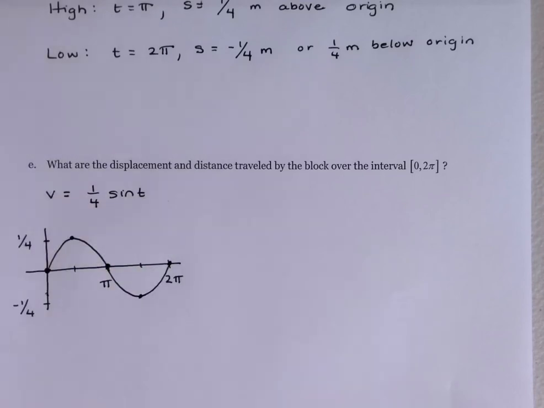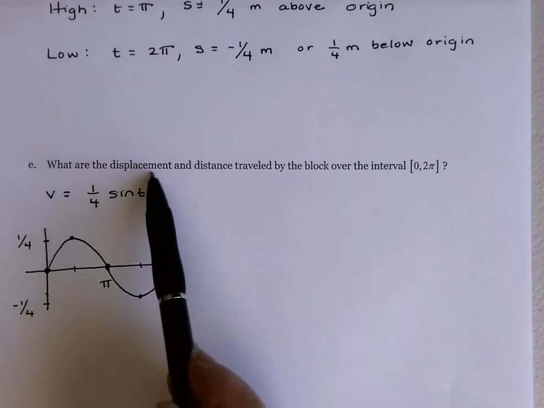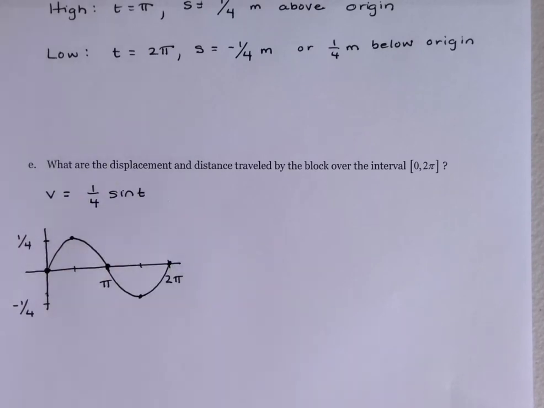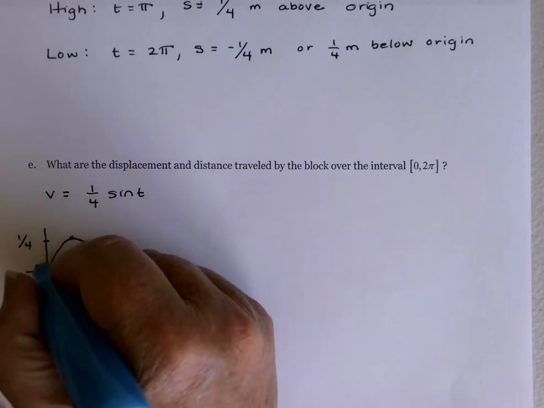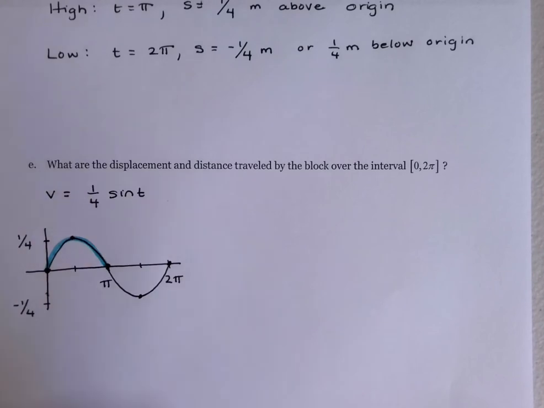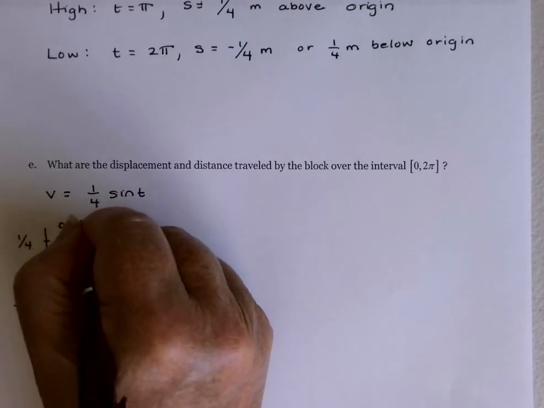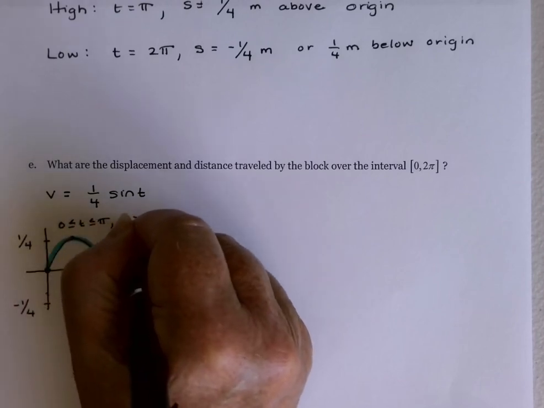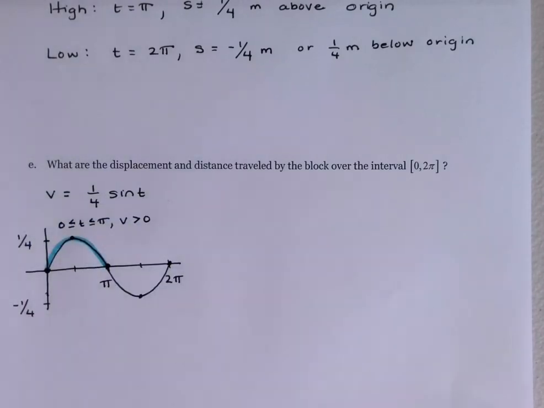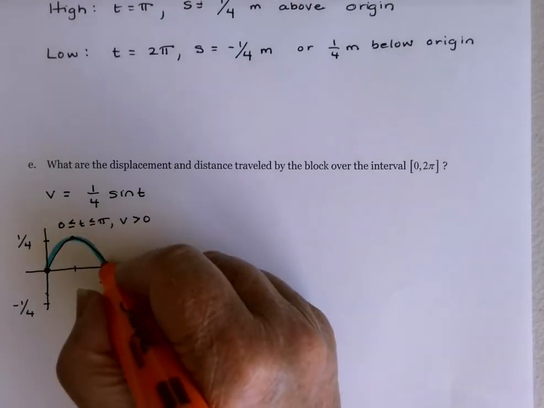All right. First of all, a couple of predictions. Do you think you could tell me what the displacement should be without even doing any math? Look at what's happening here. We have a positive velocity for t values from 0 to pi. And then we have a negative velocity for t values from pi to 2 pi.